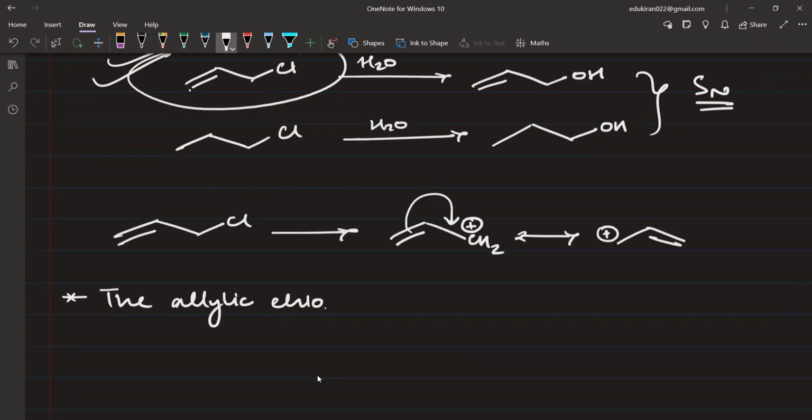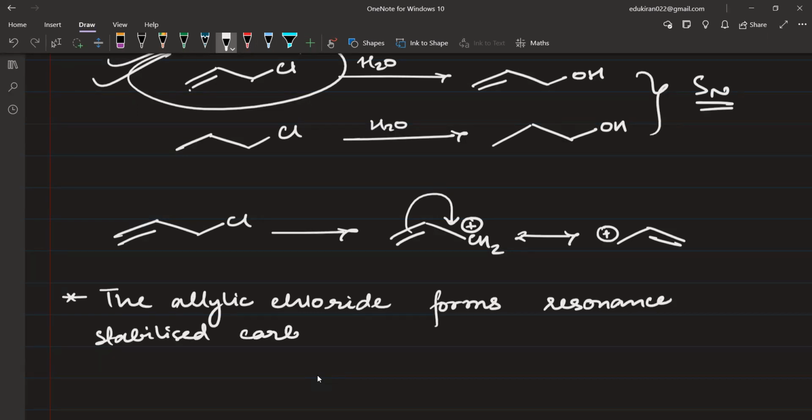The allylic chloride forms resonance stabilized carbocation on hydrolysis.